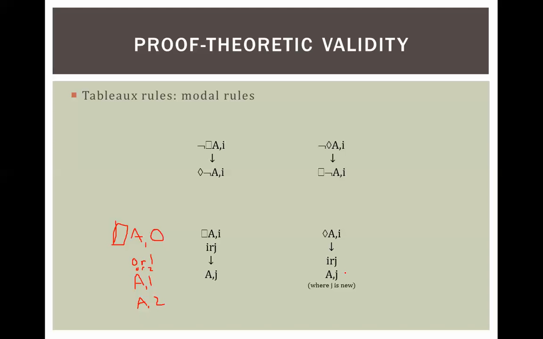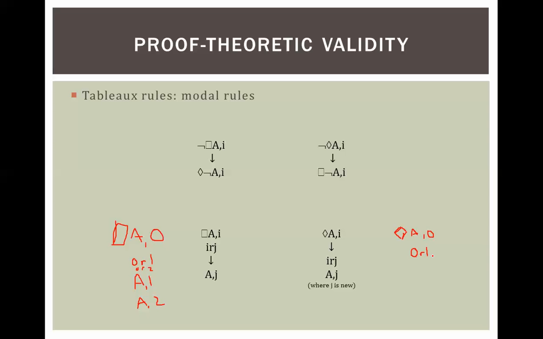So if you come across, let's say, a diamond A, possibly A at world 0, what that means is there are some worlds that 0 is related to at which A is true. That's what possibly A at world 0 means. So you can make the conclusion 0 is related to some world, and let's pretend there's no 1 on this branch already, so we'll just label that world 1.